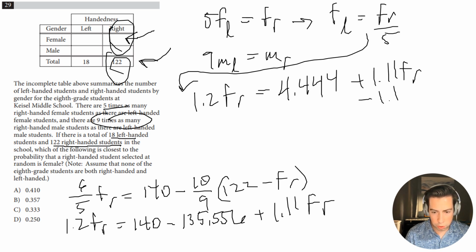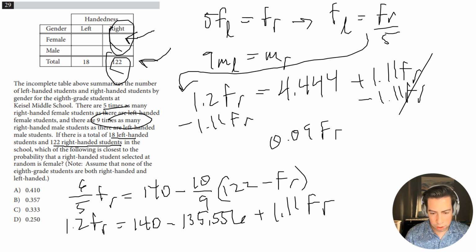So now I will subtract 1.11 f sub r from both sides, and I will be left with 0.09 f sub r equals 4.444.